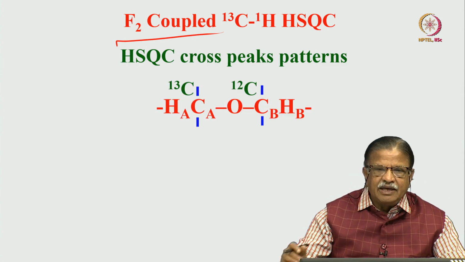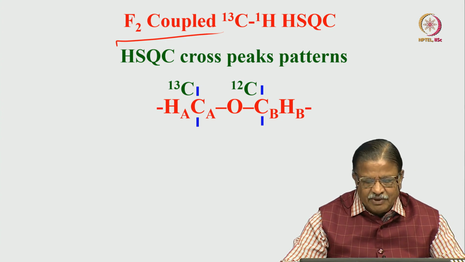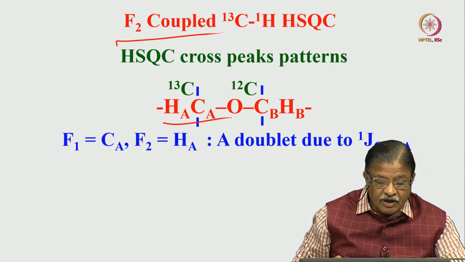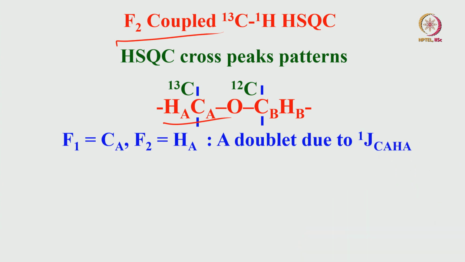For example, we will consider this isotopomer. For this isotopomer, in the F1 dimension, we get the chemical shift of A. As I told you how to interpret the HSQC and a HETCOR experiment, there is no diagonal and there are no cross peaks in the usual sense, and of course there is no symmetry here.